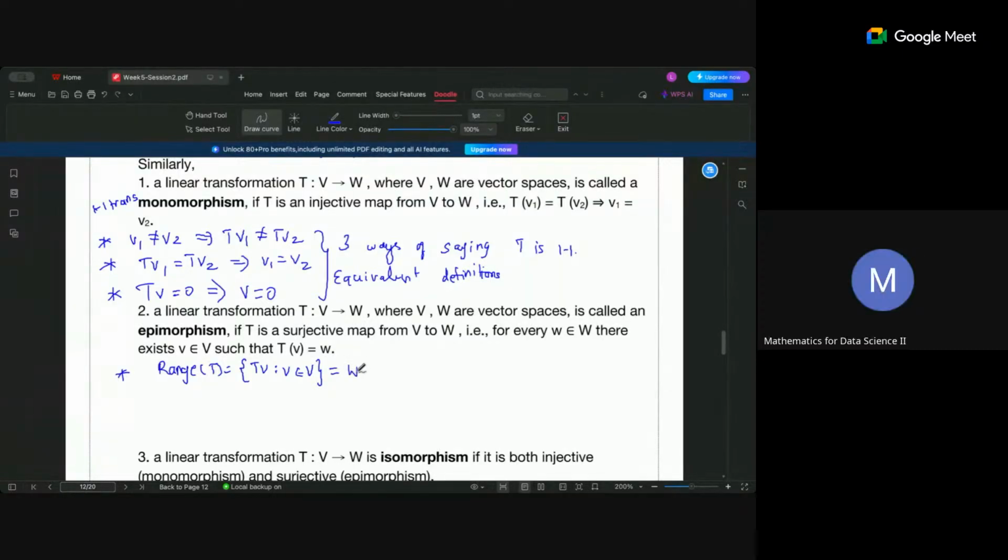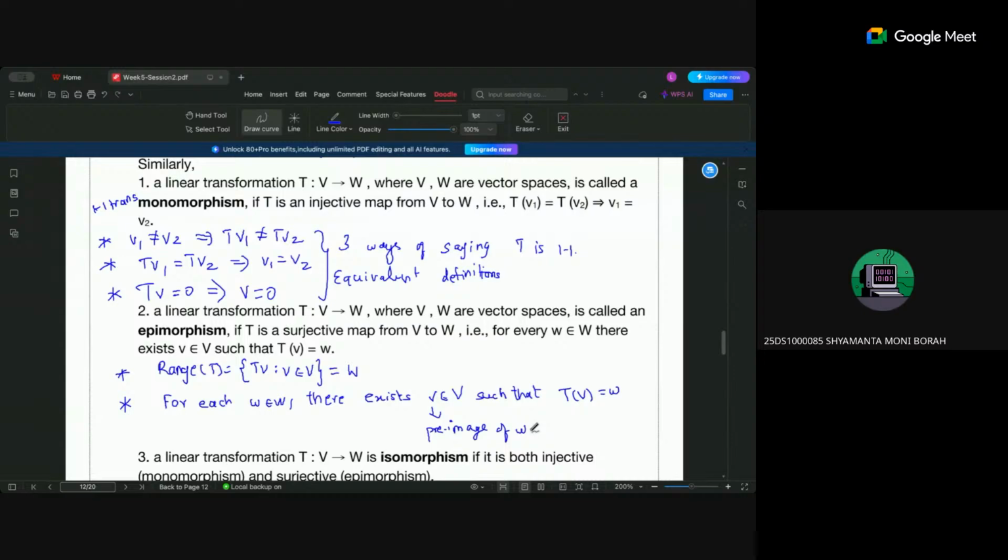W. Okay, so this set should be equal to W. Or the other way: for each W in W, there exists V in V such that TV equals W. So there exists a pre-image. So your V is your pre-image of W. Clear? This is surjective, right?